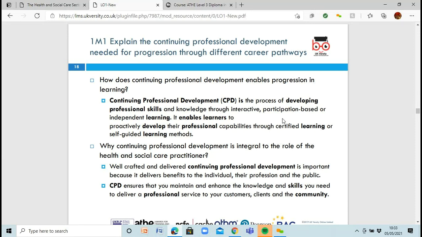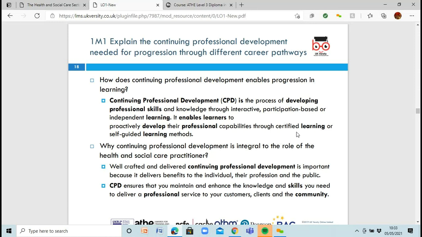So CPD is a process of developing professional skills. So you're gaining knowledge through interactive, participation-based or independent learning. So you might be going into lessons, you might be doing conferences, you might be just looking on the internet. So it helps the learners to proactively develop their professional capabilities, and then you get certified learning or self-guided learning.